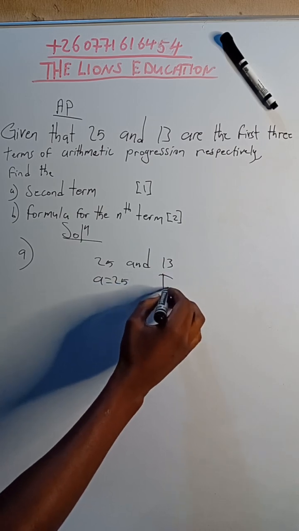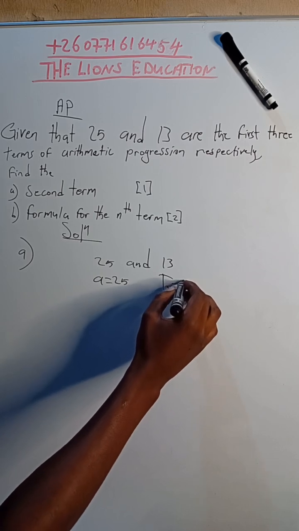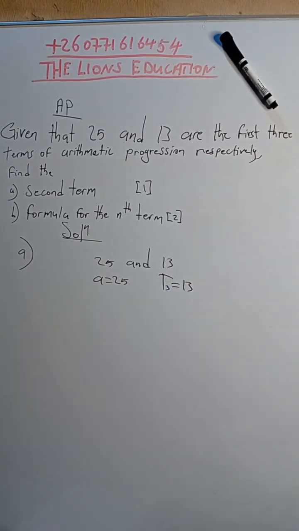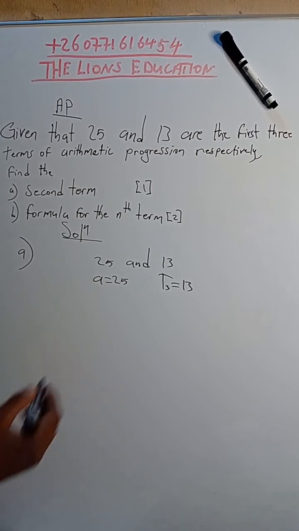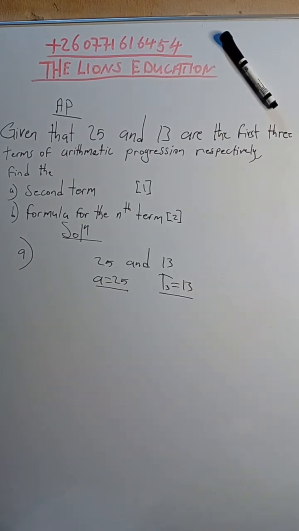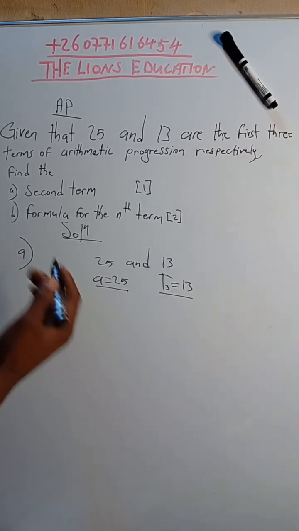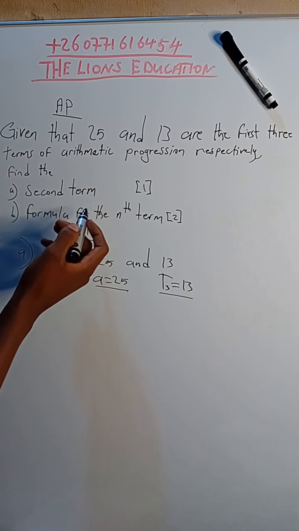This is term number 3, so term number 3 is 13, like that. Okay? So now we have the first term and the third term. But how can we find the common difference for us to find the second term?